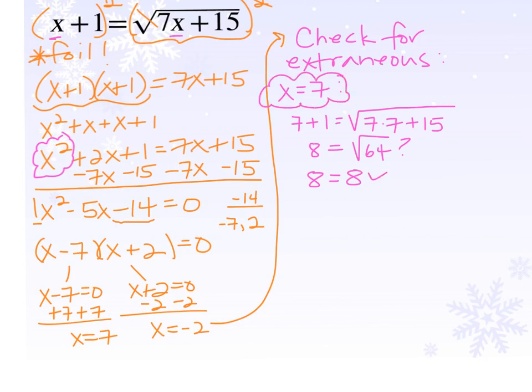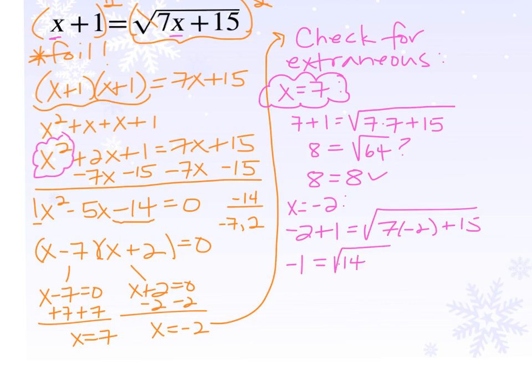But watch what happens when we test negative 2. If we plug in negative 2 for x on both sides, negative 2 plus 1 is negative 1 on the left. And we have negative 14 plus 15 on the right.